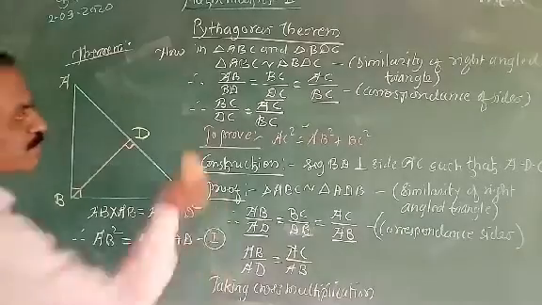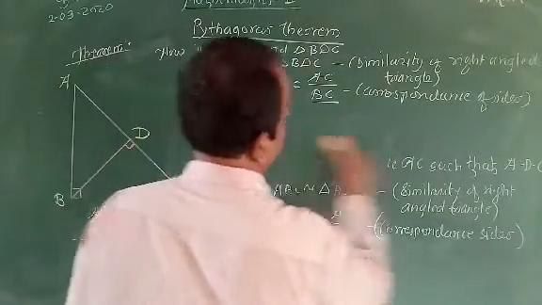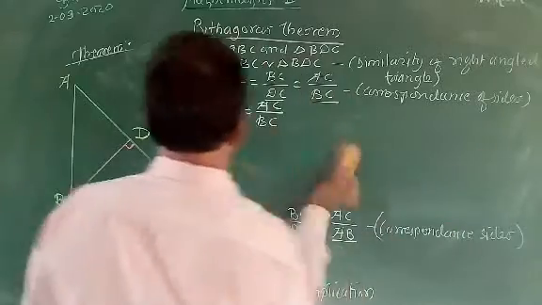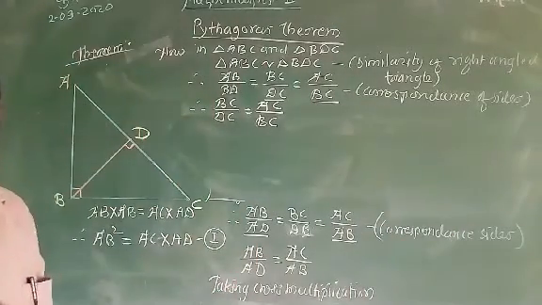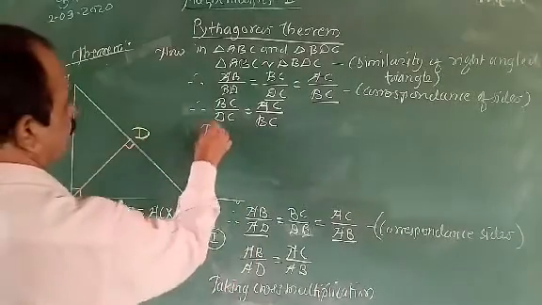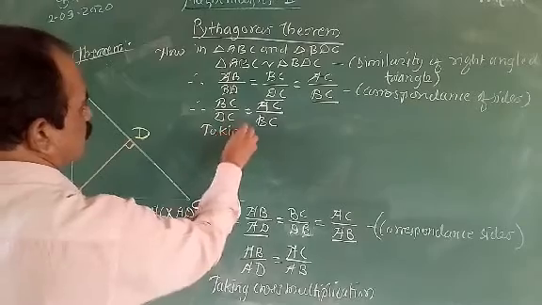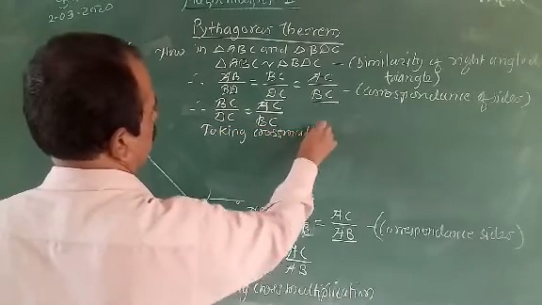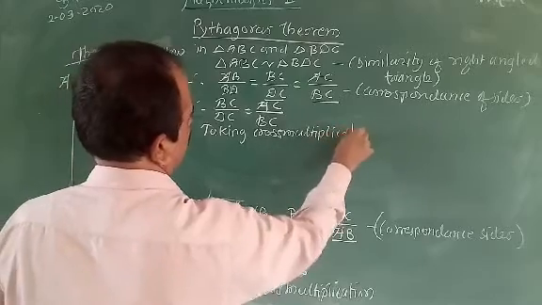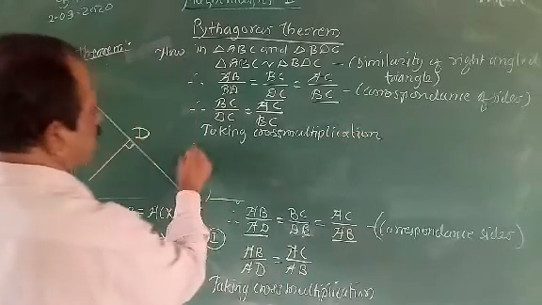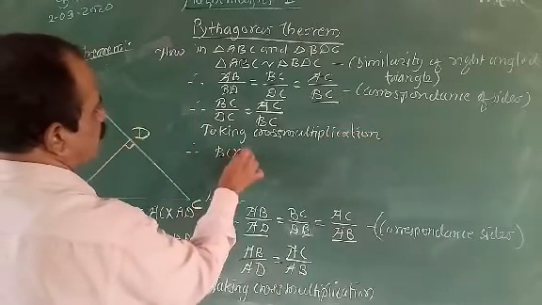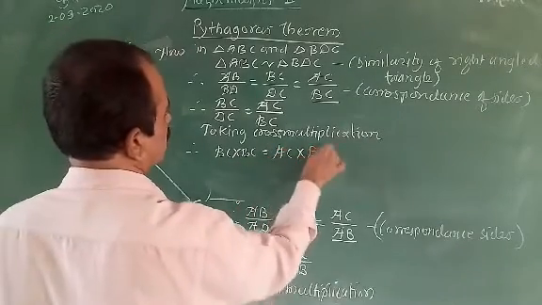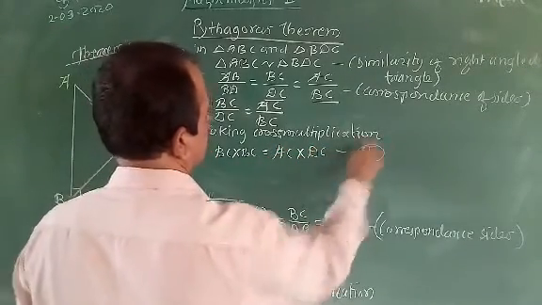Now taking cross multiplication, therefore BC into BC is equal to AC into DC.